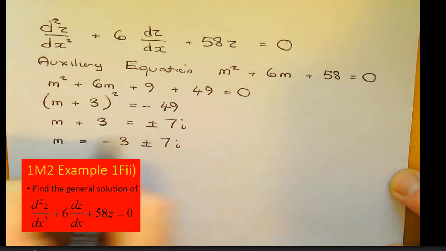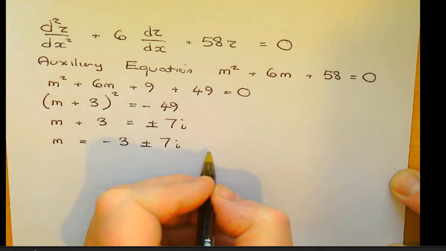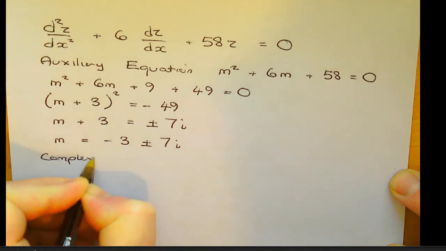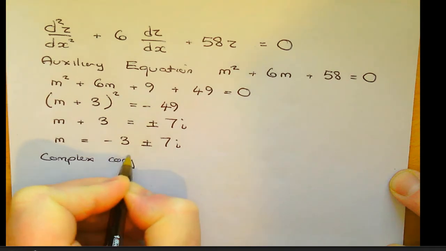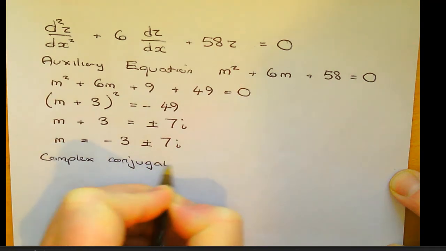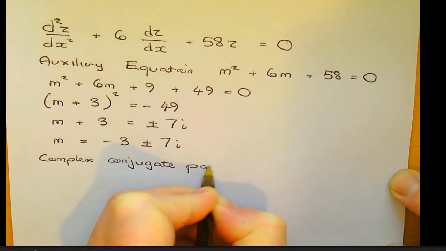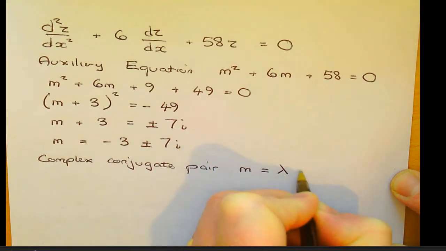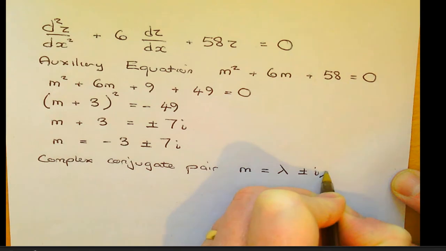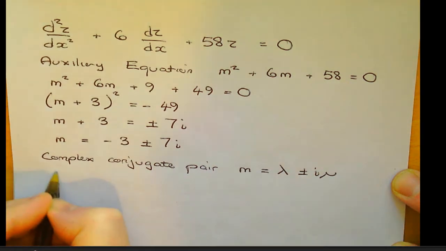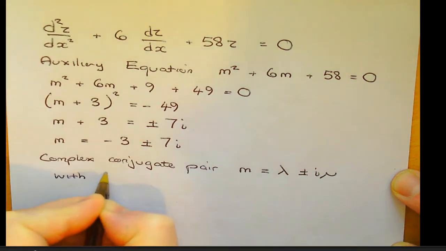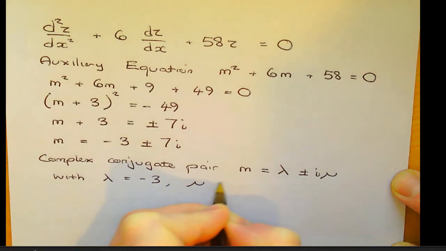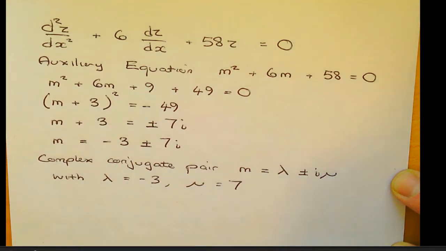We have a complex conjugate pair. We could say lambda plus or minus i times mu, with lambda equal to minus 3, mu equal to 7.